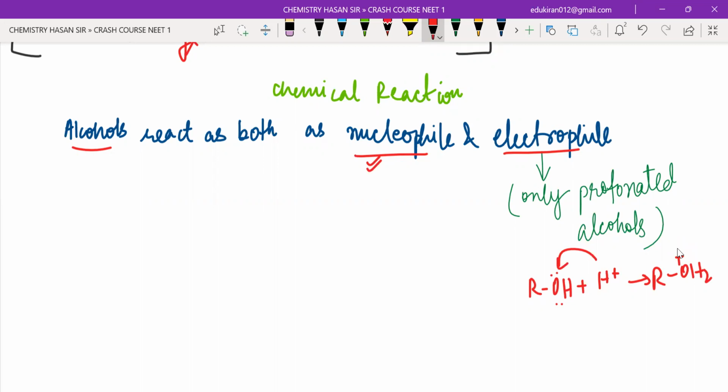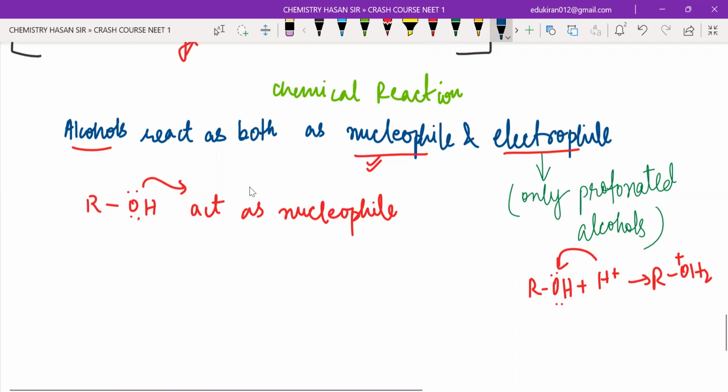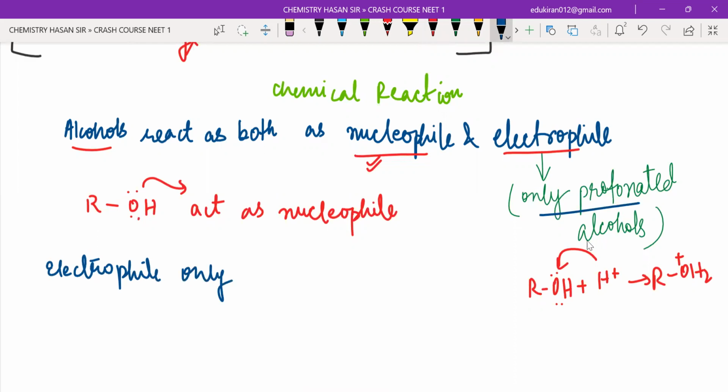Sir, can you repeat? It's very simple. Alcohol has a lone pair, as you know that. So it will donate and act as a nucleophile, right? Yes, sir. But alcohol can also act as an electrophile, and only protonated alcohols.